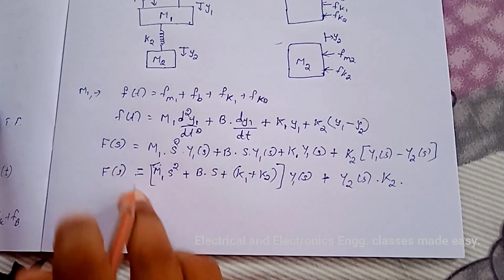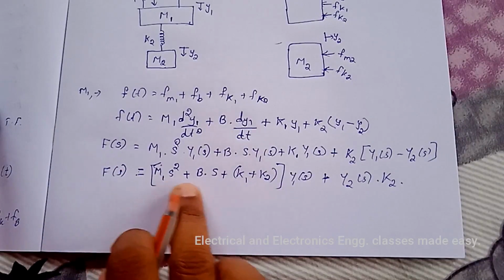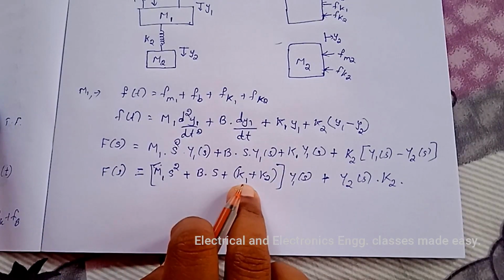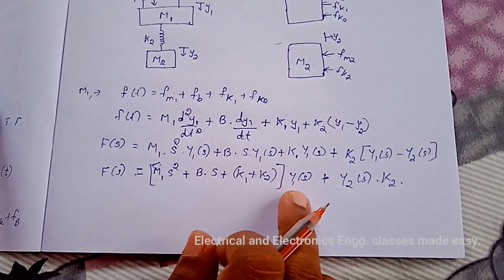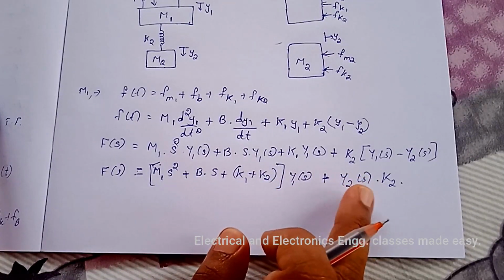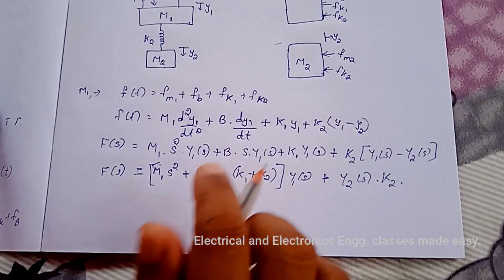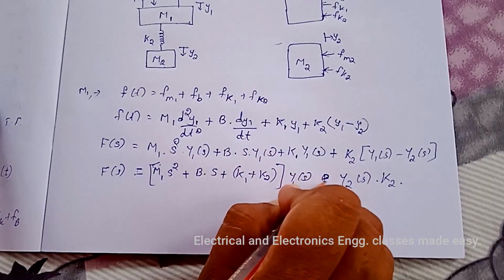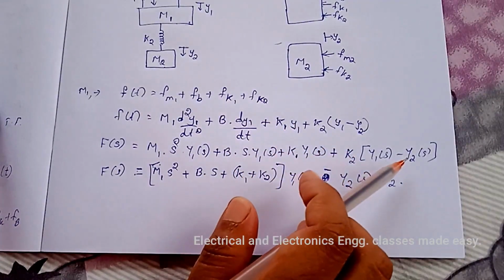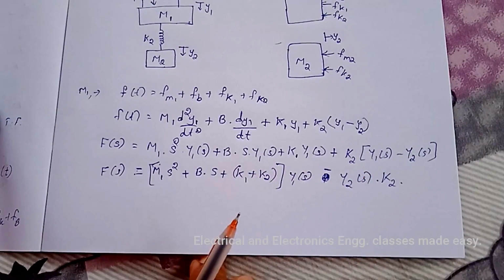So this is F(s) equal to m1 s square plus bs plus k1 plus k2 into Y1(s) minus Y2(s) into k2.